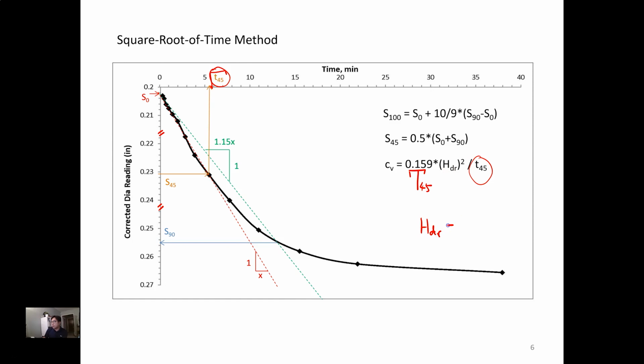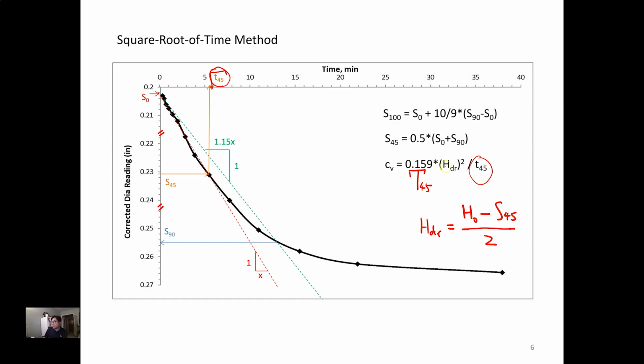The drainage path will equal the original height of the soil specimen minus the settlement at 45% consolidation, which we find here on the y-axis. Again, provided that your y-axis, the dial gauge reading, has already been properly corrected. So we know this, and then this is a double drainage setup, so we need to divide the number we have by 2.